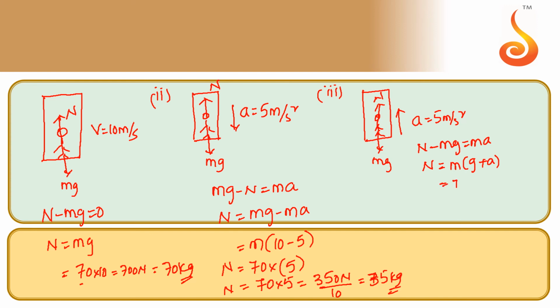So m is 70 and g plus a is 10 plus 5, which is 15, which is equal to 1050 newtons. But we want to know his mass, so let us divide by 10. Therefore we'll get 105 kg.